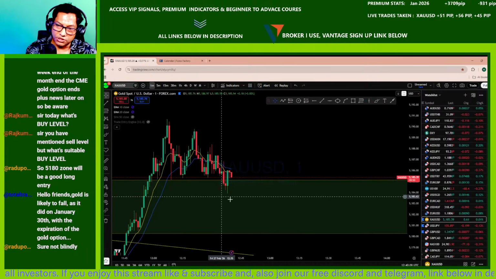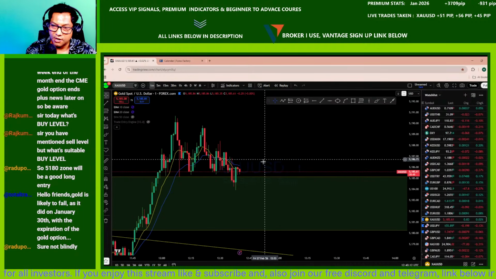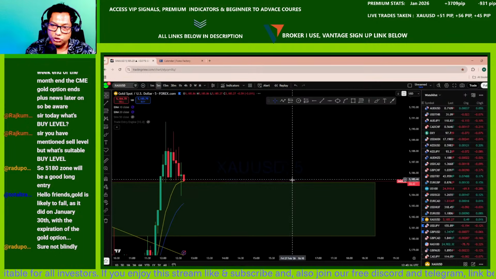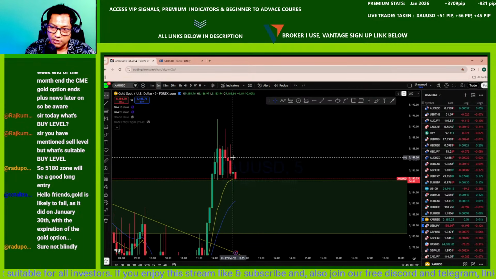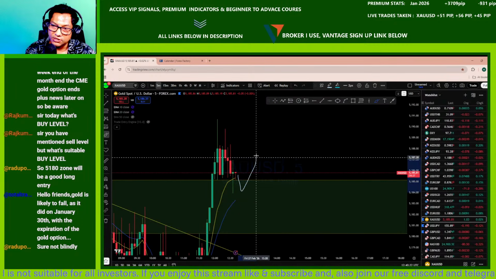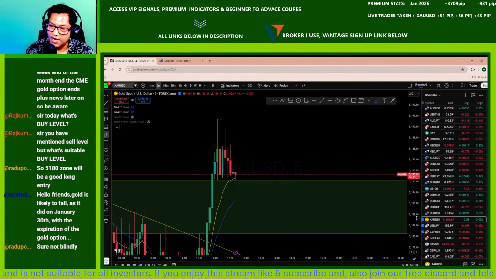Here's the move they're doing. The market is approaching the lower time frame support. We're expecting the market to potentially form a doji, and we are looking for the market to retest and then revert back in that area.